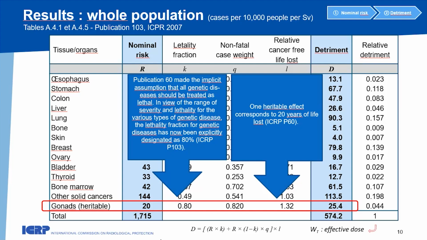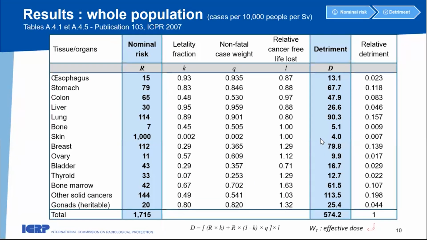So UNSCEAR, they haven't done anything on the heritable effects since the publication in 2001. It has been reviewed by the ad hoc working group. They now have two expert groups in addition to the secretariat and the bureau, one on the effects and one on the exposures.